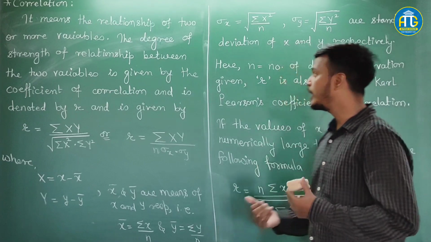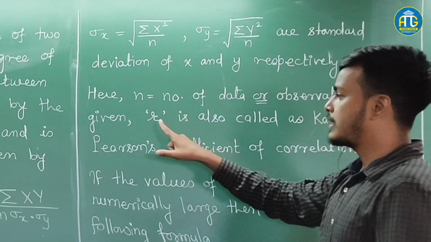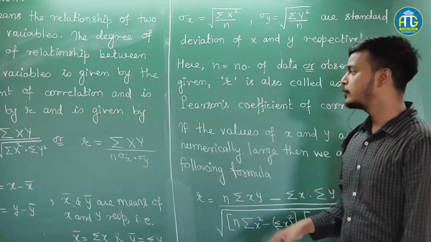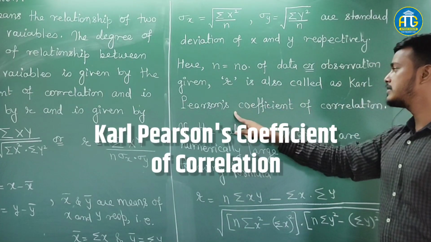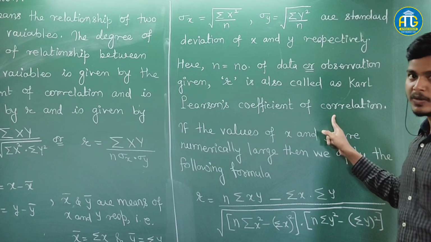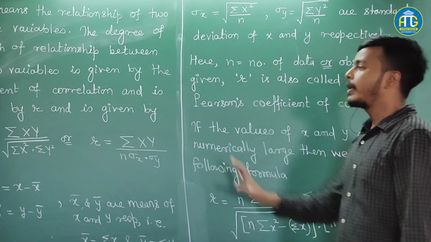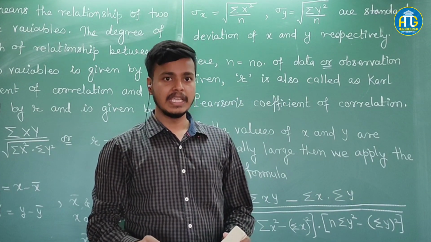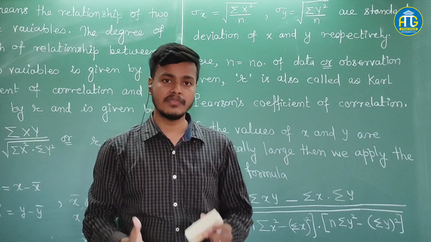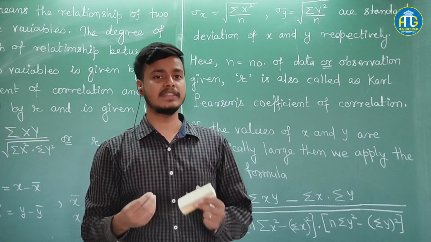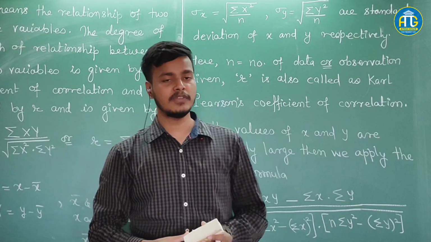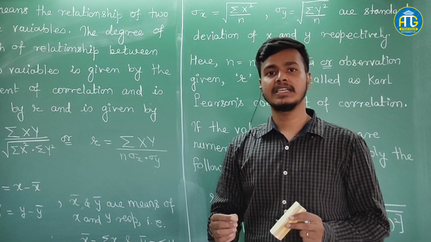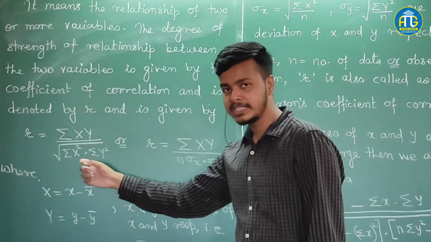Now let's move ahead. This r, that we are calling the coefficient of correlation, is also known as Karl Pearson's coefficient of correlation. Whatever I have stated till now is for the given data. Depending on the nature of data, we will make use of different formulas to find the coefficient of correlation. If the data are numerically small, we'll go with this formula.